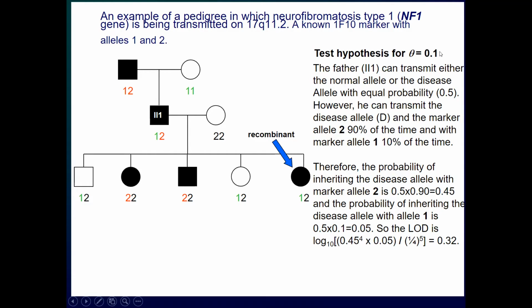So 90% of the time, one of the 2, capital D2 or small d1, but 10% of the time, capital D will be with allele 1. So the probability of inheriting the disease allele with marker allele 2 is 0.5 times 0.9, and that gives 0.45.